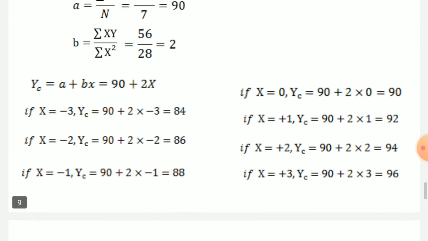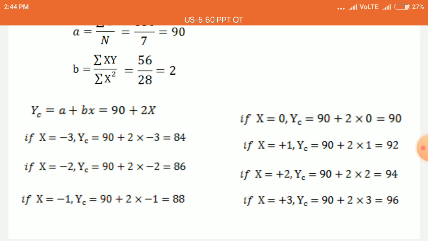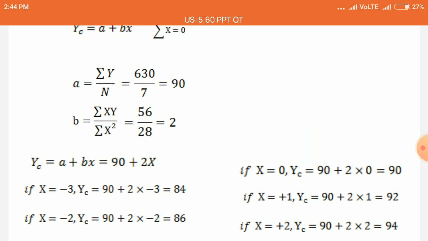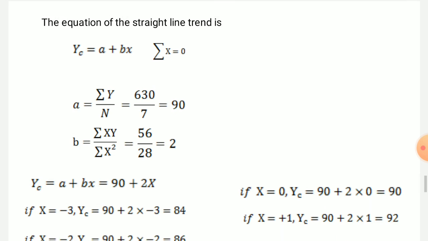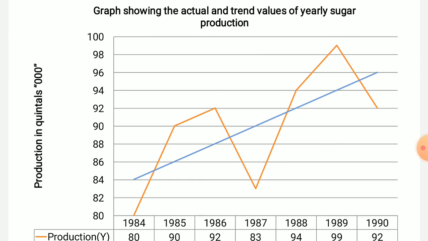Having these values, we have to represent the actual data as well as trend values. So here x-axis and y-axis: OX axis is to be drawn on the horizontal line, and OY axis on the vertical line.